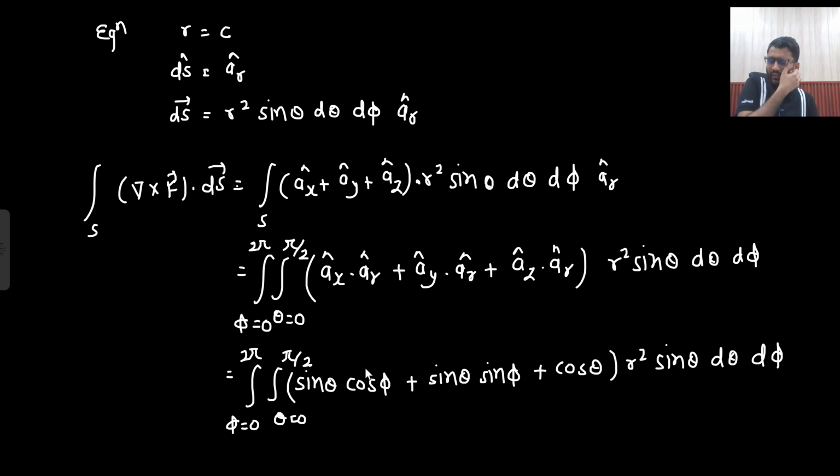R square sin square theta cos phi d theta d phi, or better I should have written r square sin square theta d theta, cos phi d phi, right? R is constant here, so why am I taking the r value?